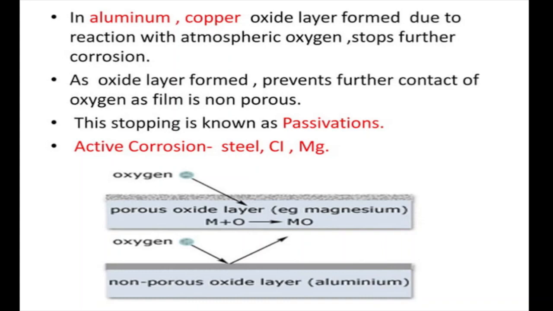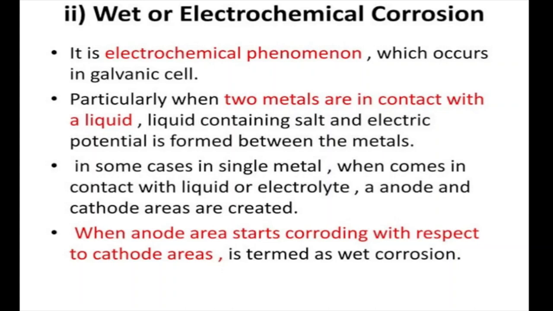Now do not think that this M plus O, MO, is the sign of magnesium oxide. M means the metallic material, and O means oxygen, so it is creating metallic oxide.